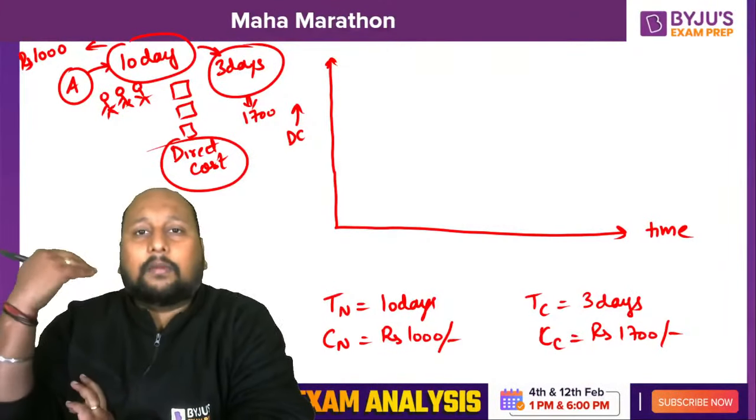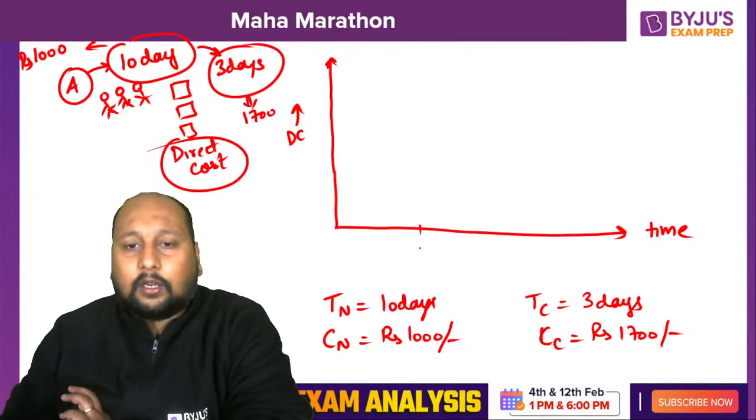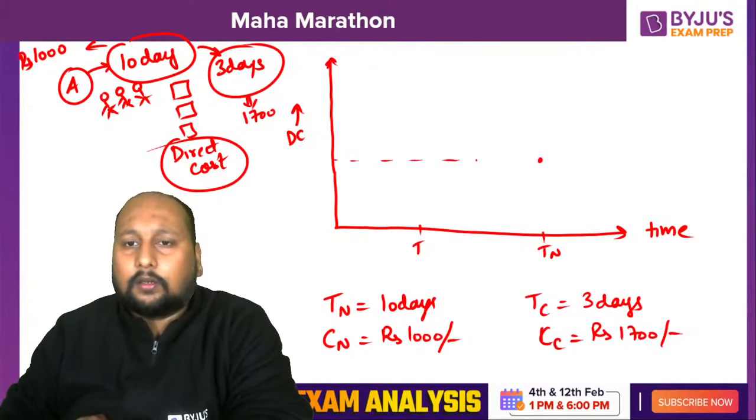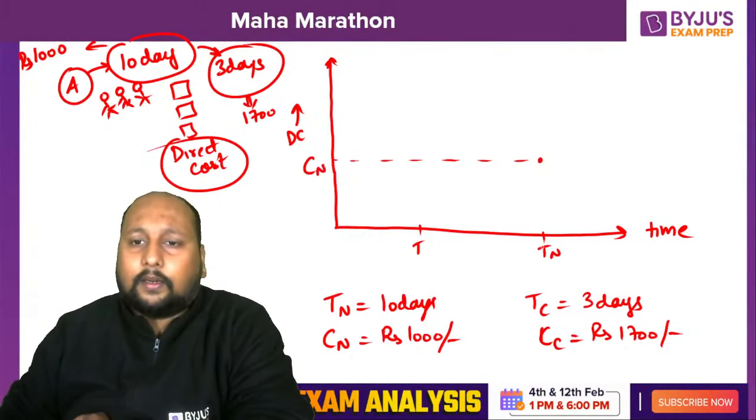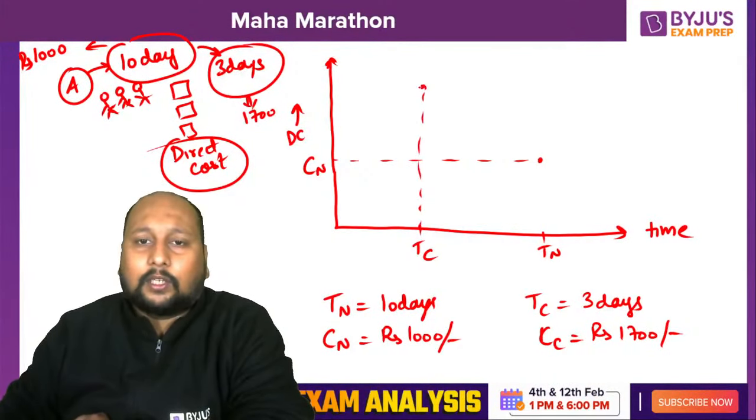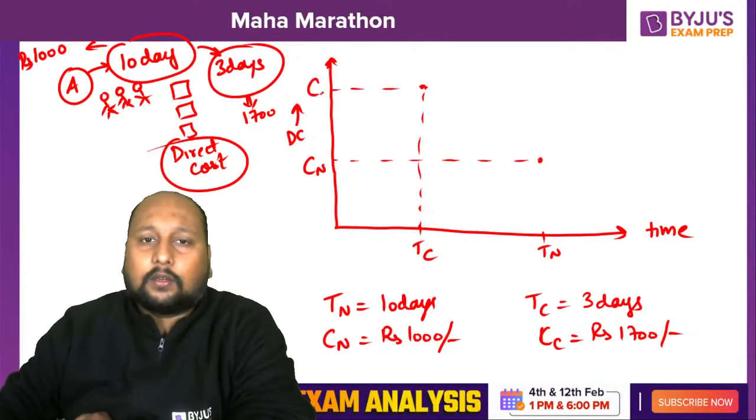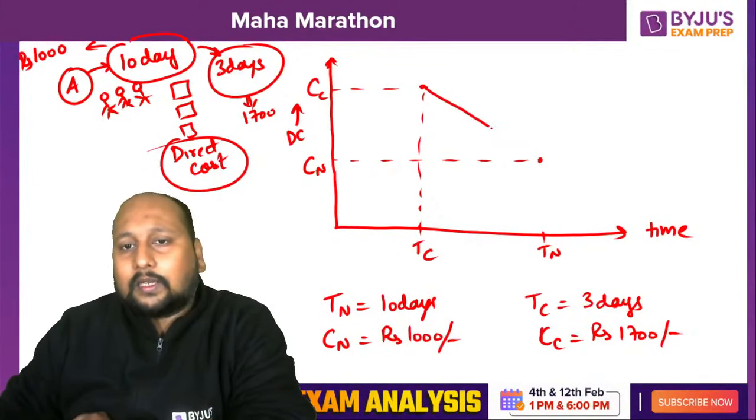We always say that if this is your normal time, corresponding to this we will have some normal cost. Let's say this is your normal cost, right? So when I'm crashing to a smaller time value, it will have some larger cost value, that is the crash cost. So it will always follow a linear approximation.